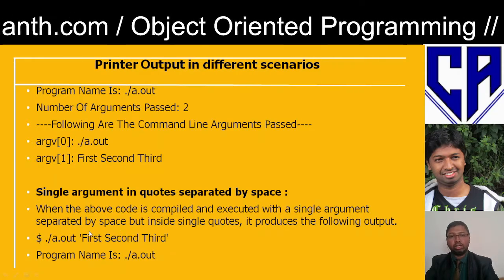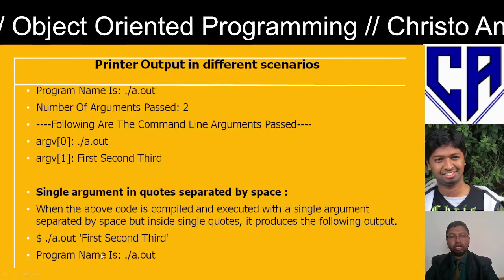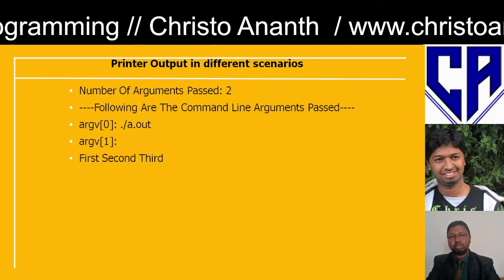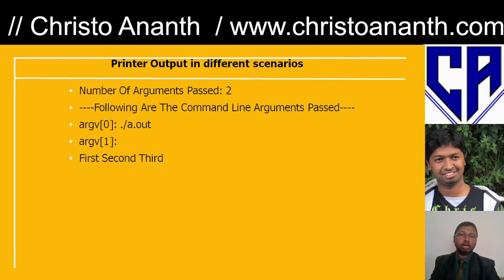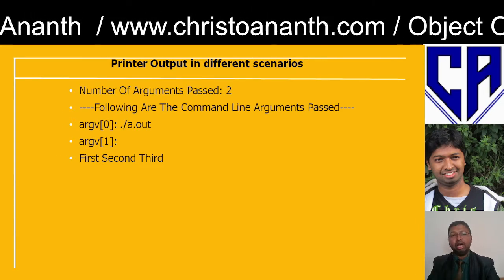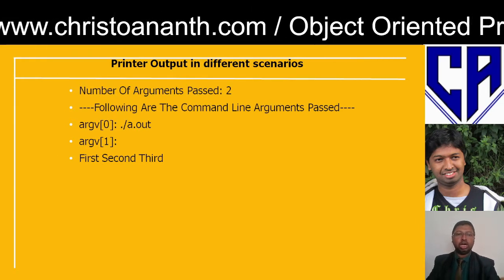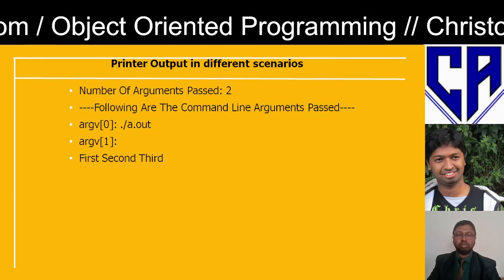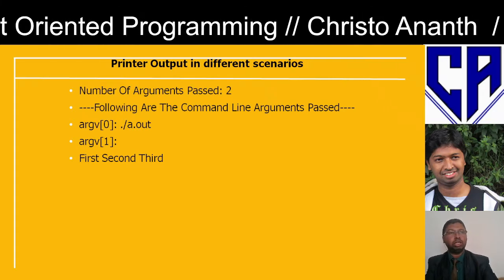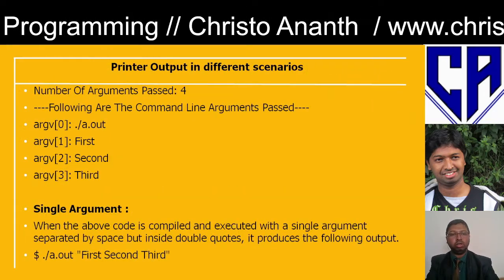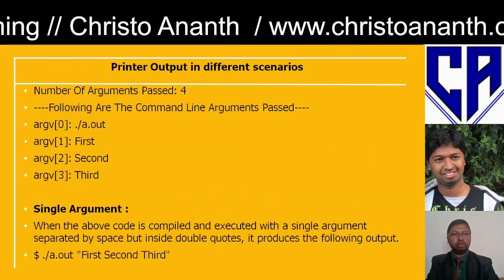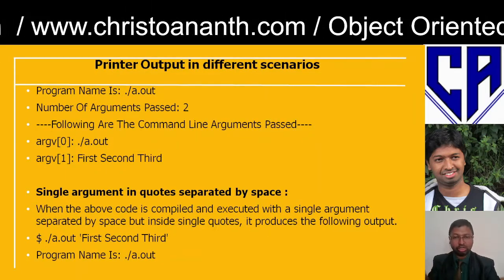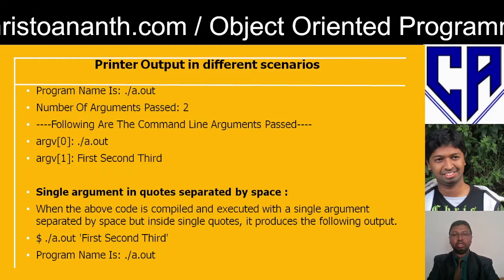Within the single quotes you can have first, second, and third, so the program name is a dot out, number of arguments passed is 2, and argv[1] is first, second, and third on a single line. So this is how you print the output in different scenarios: a single argument, three arguments, no argument, and a single quoted argument separated by spaces.